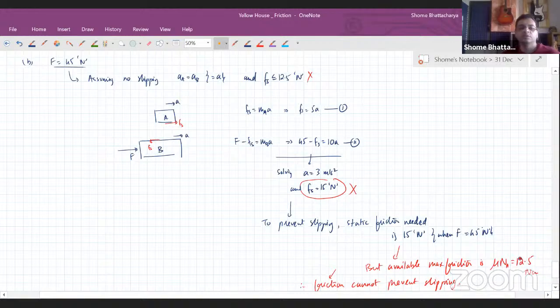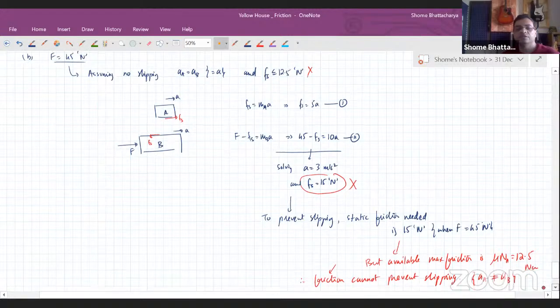So if friction cannot prevent slipping, what will happen is that acceleration of A will not be equal to acceleration of B. They'll have different values of acceleration, and kinetic friction will act. Okay. So this assumption that they have common acceleration is failing.